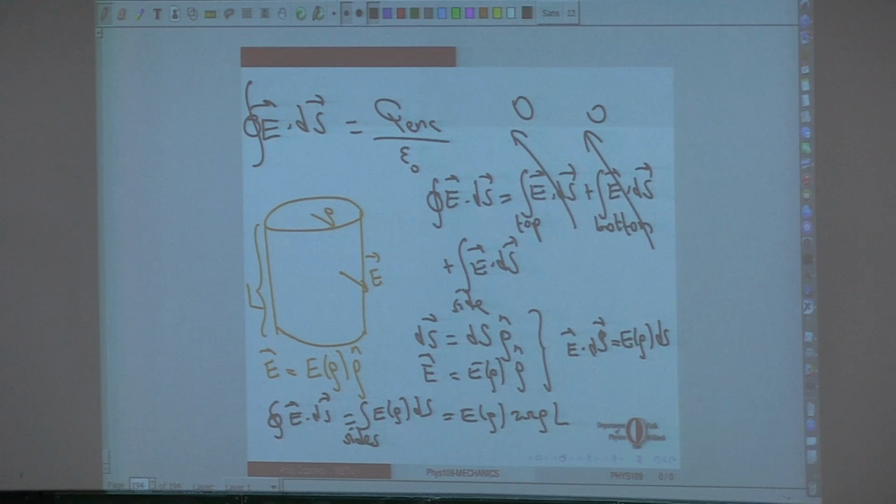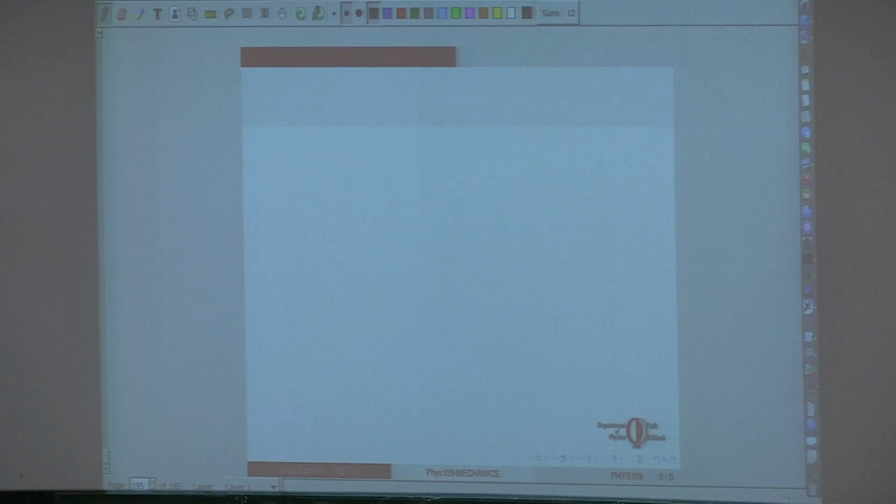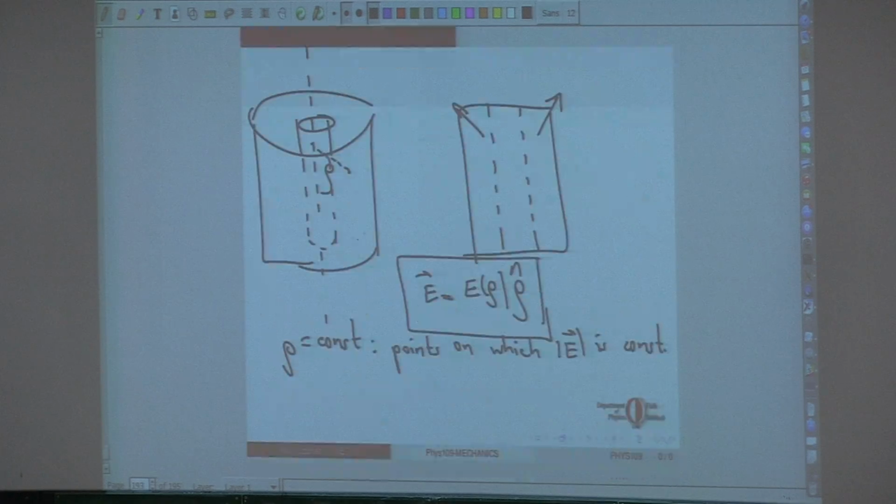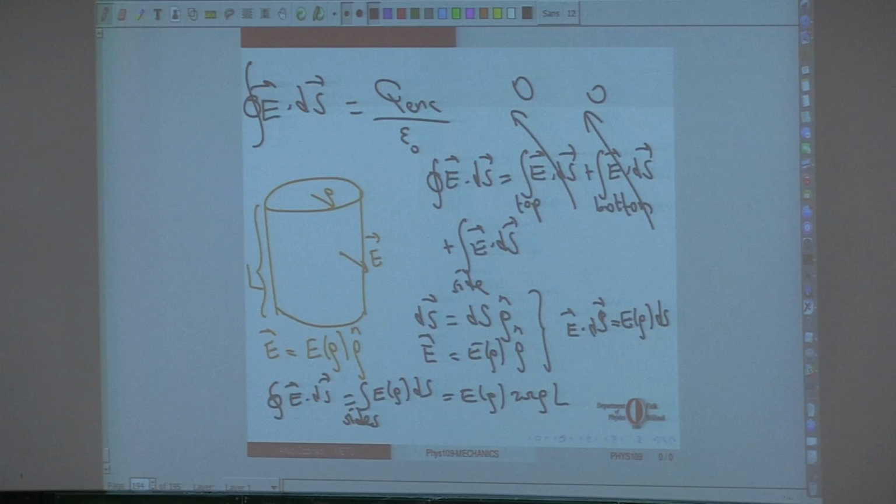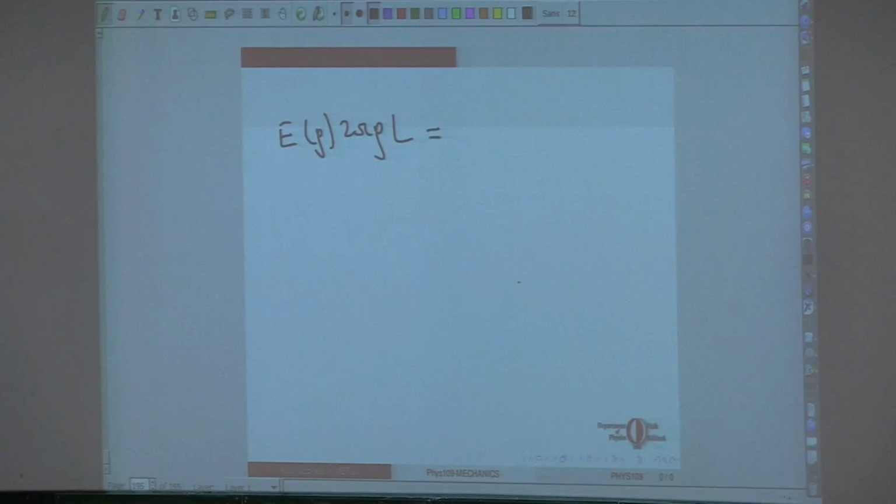Now we can go back to our Gauss law. E rho 2 pi rho times L is equal to, what is the enclosed charge? Let's say the original cylinder, our capacitor, has a height h. What is Q enclosed?